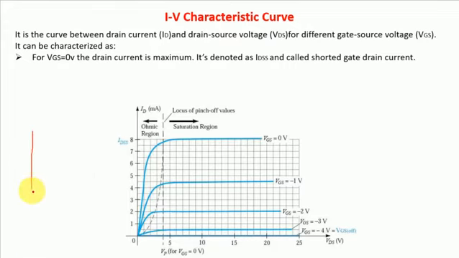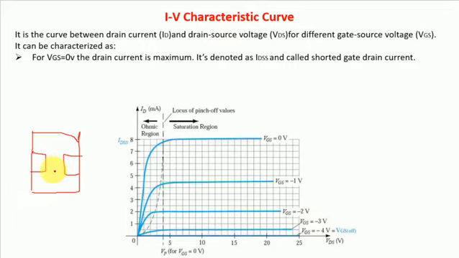The depletion layer will become thicker, and this depletion layer will cause the current to go to lower values.